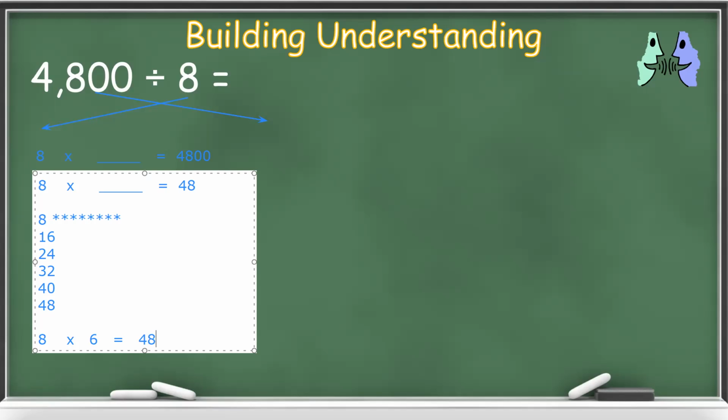So that is 8 times blank, and there were 2 zeros in my dividend, 4,800. So it's going to be 6, 2 zeros equals 48, 2 zeros. So my answer is 600.